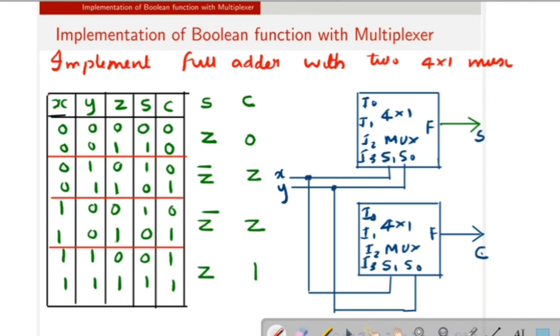So here for sum, I0 is Z, okay, then I3 also Z, right?